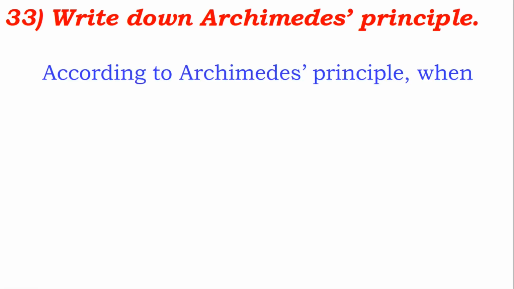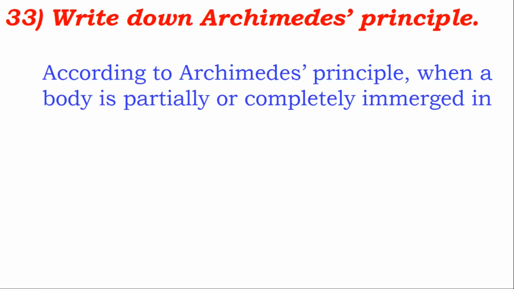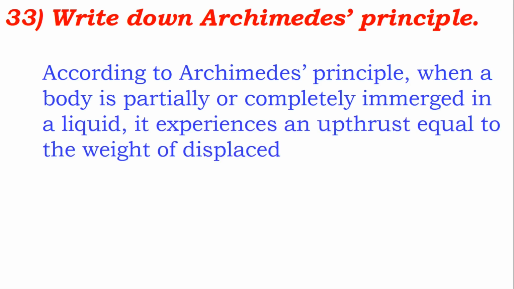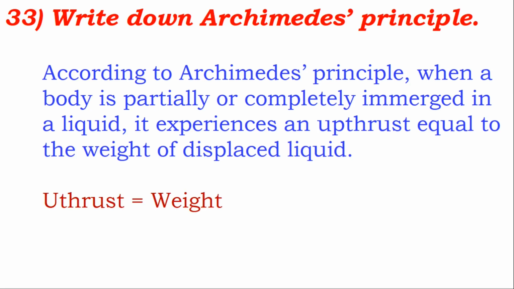According to Archimedes principle, when a body is partially or completely immersed in a liquid, it experiences an upthrust equal to the weight of displaced liquid, whether the body is completely immersed in a liquid or sinking, or whether it is floating or lying in suspension. In all the cases, the upthrust is equal to the weight of displaced liquid, and that can be represented by the formula: upthrust is equal to weight of displaced liquid.